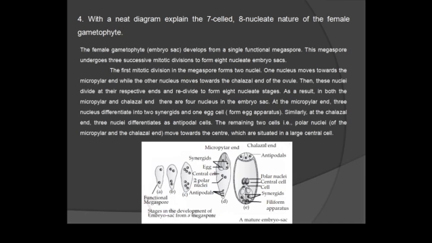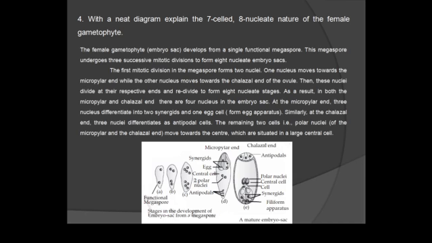The remaining 3 in the micropylar end act as the egg and synergids, together we consider them as the egg apparatus. And the remaining 3 nuclei in the chalazal end act as antipodals. So the antipodals are present in the chalazal end, and in the micropylar end we find the egg apparatus. This is the key feature to differentiate the micropylar and chalazal end.